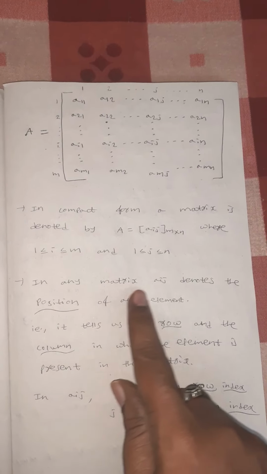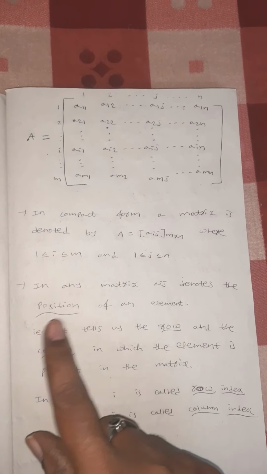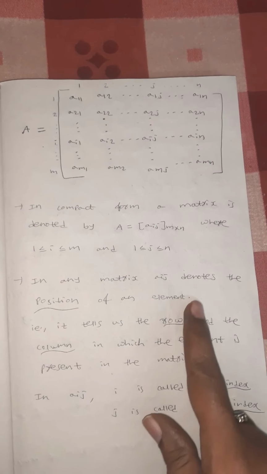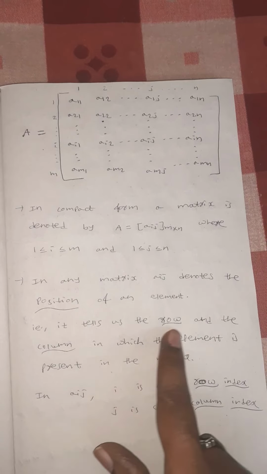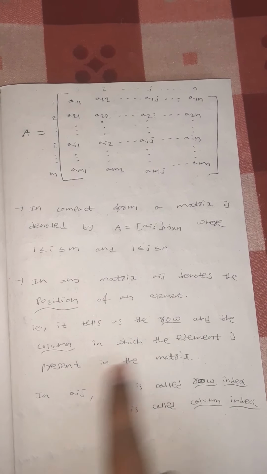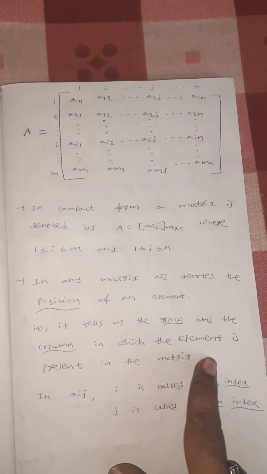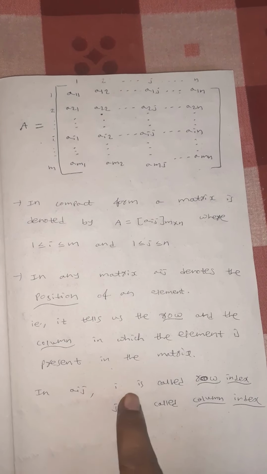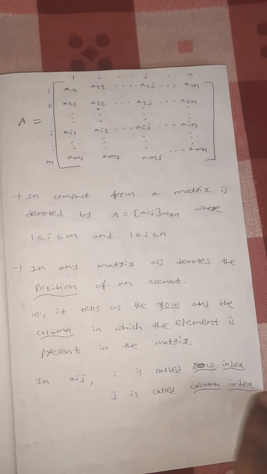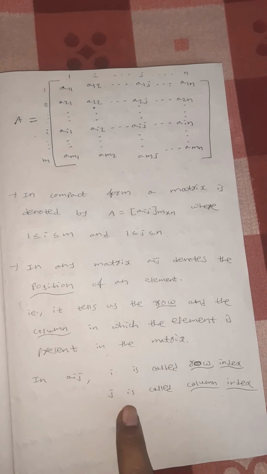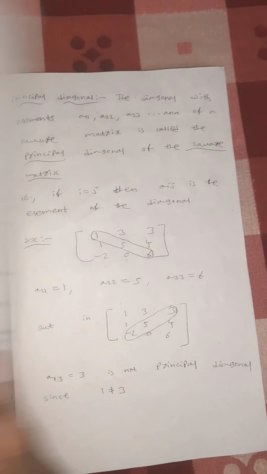In any matrix, Aij denotes the position of an element. That is, it tells us the row and the column in which the element is present in the matrix. In Aij, i is called the row index, j is called the column index.